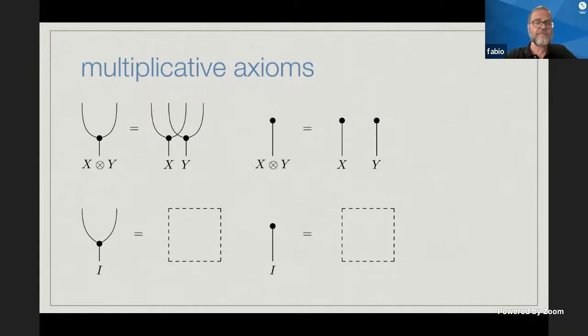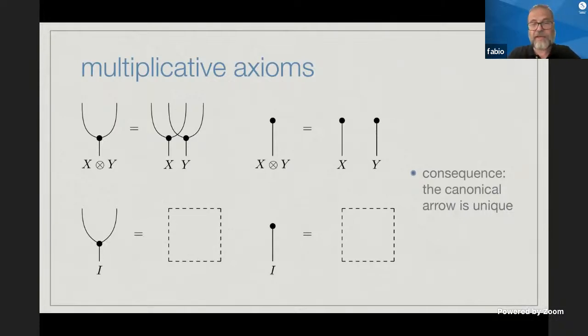These are rather intuitive, I would say. And the key result is that if you add these axioms, the canonical arrow is actually the unique one.